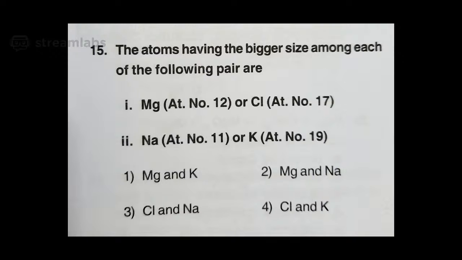And second, we also know the atomic size always decreases along the period, increases down the group. I repeat, atomic size decreases along the period, increases down the group. You want to decide which is along the period, which is down the group, and then you decide which is having the highest number. Okay?